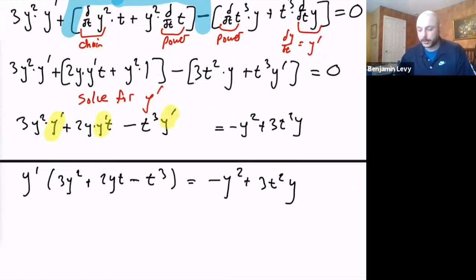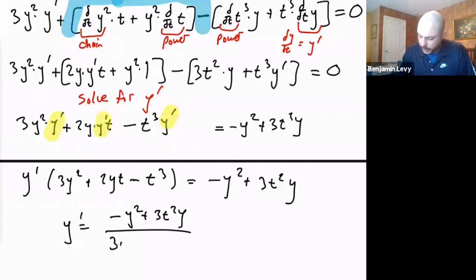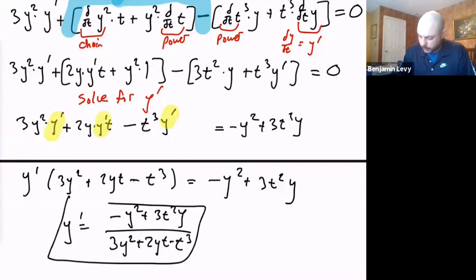And so if we want a solution for y prime, an expression for the derivative, that's just what we had on the right divided by this piece on the left that we just factored out. Right, so we just factored these out right here.